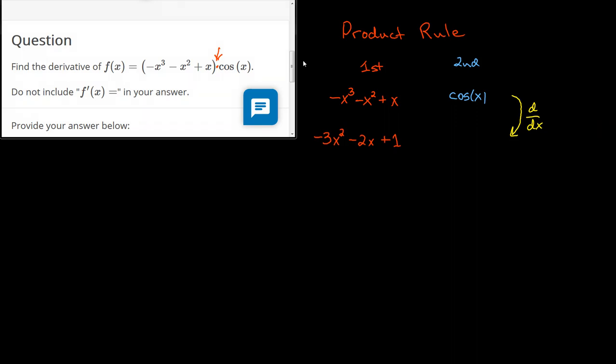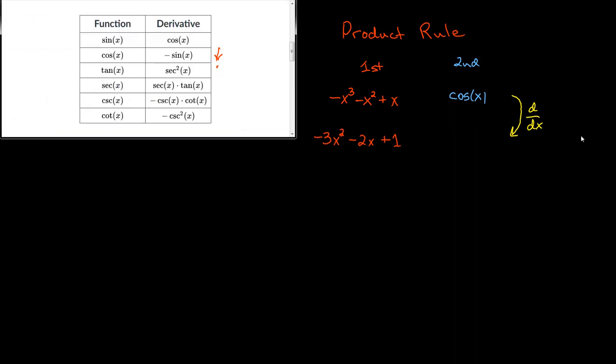You want to go back to your table of derivatives, which you probably should have memorized by the time you finish calculus. The derivative of cosine is negative sine. So the derivative of the second function, which we put in blue, is going to be negative sine of x.